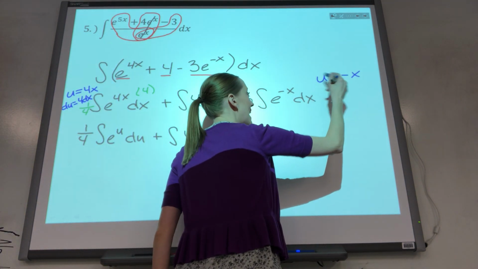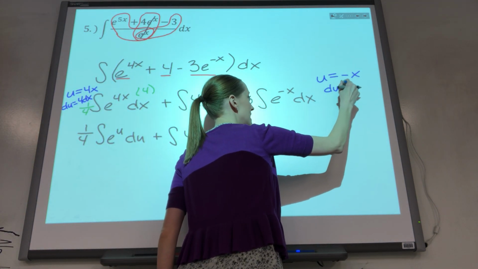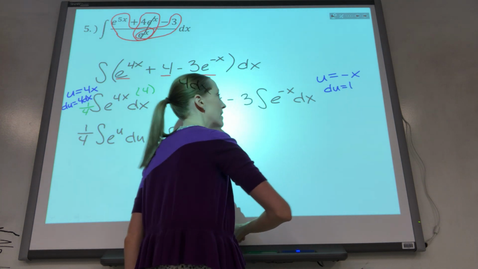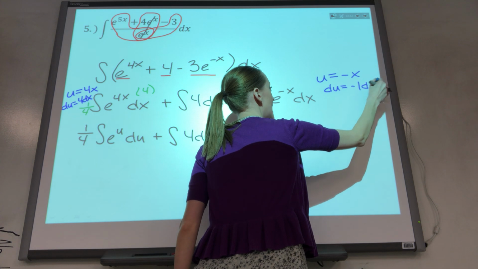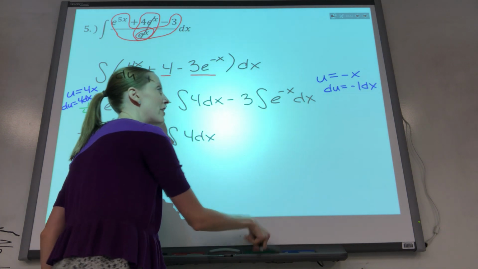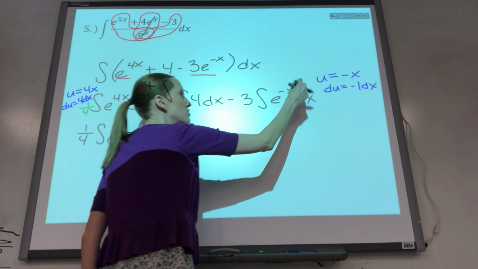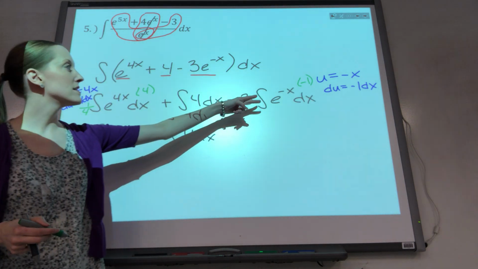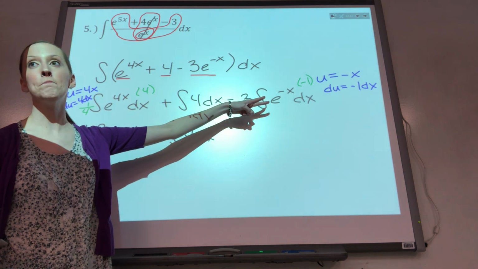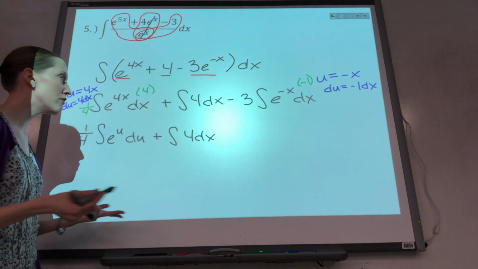If you let u equal negative x, du, forgot the negative, du is negative 1 dx. And so with this last part, you don't have the negative 1. Now what's the reciprocal of negative 1? Negative 1.